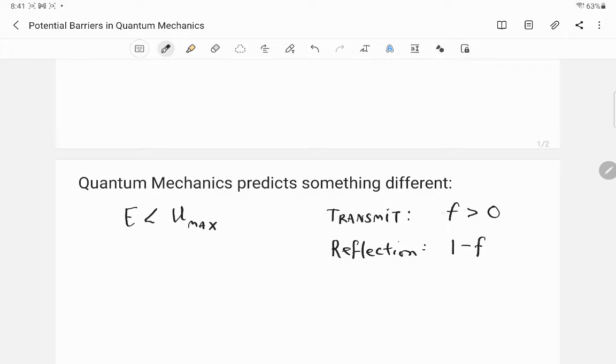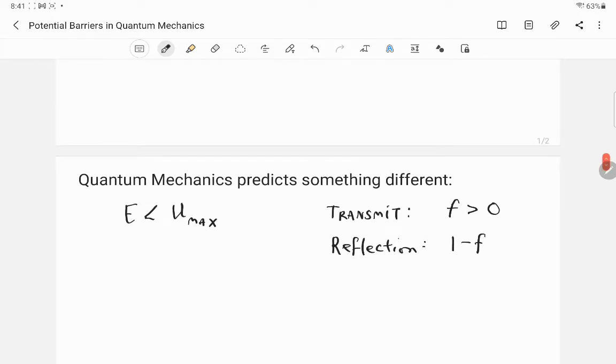So if this fraction is, say, 20%, then this has got to be 80%, because the particle is either going to transmit or reflect. But in quantum mechanics, these numbers are in between 0 and 100%. Okay, so that's the cold case, where the surprising thing is this transmission, even though classically we don't have enough energy. And this is referred to as tunneling.